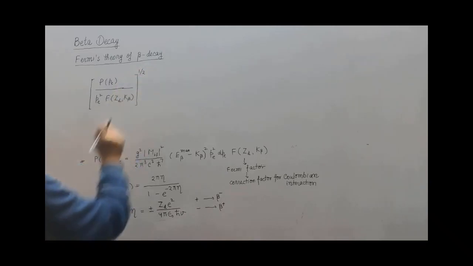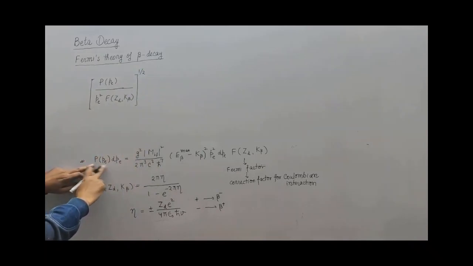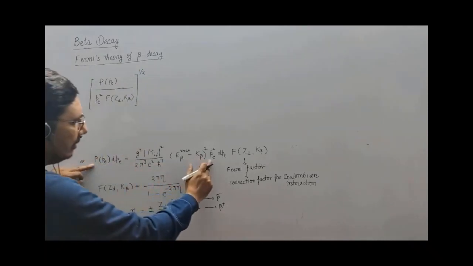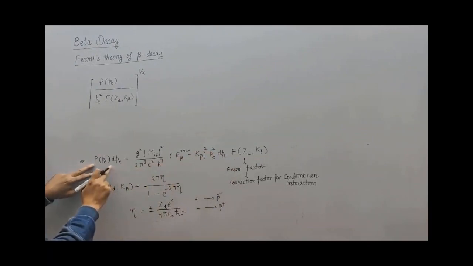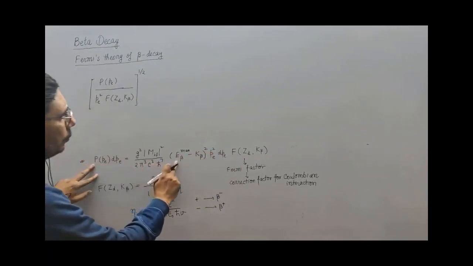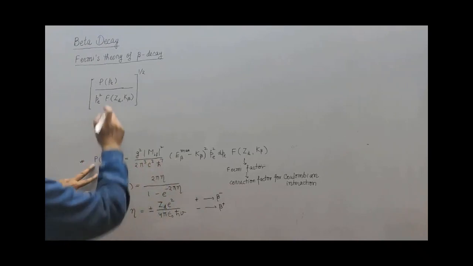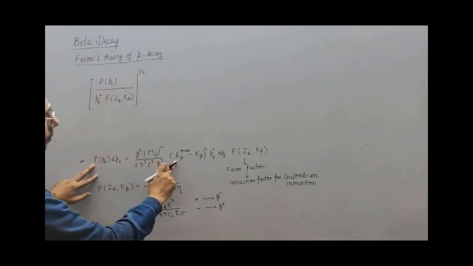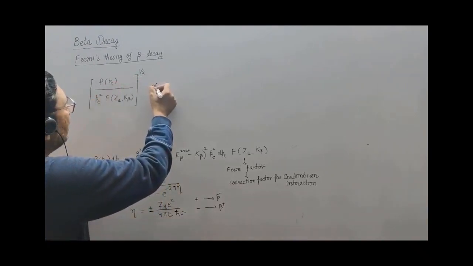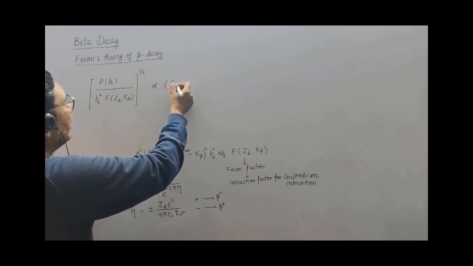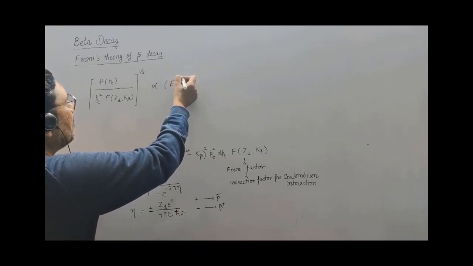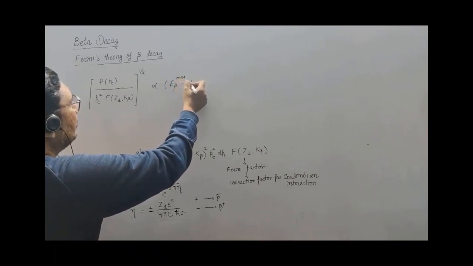One can observe that if we take this type of term, P(E) is here, and take this P(E) square and this F factor in the denominator, then the square root of this will become proportional to E beta maximum minus K beta.